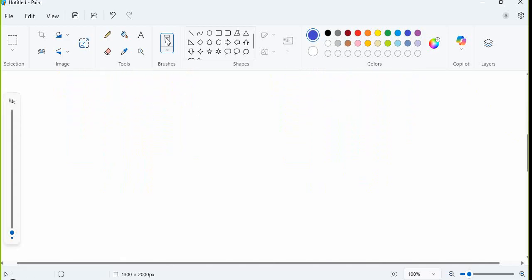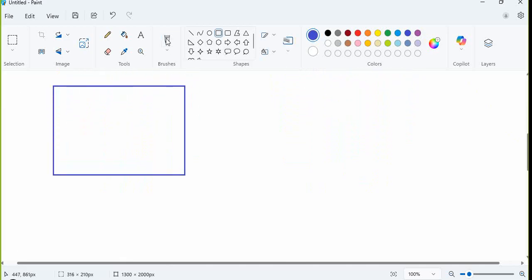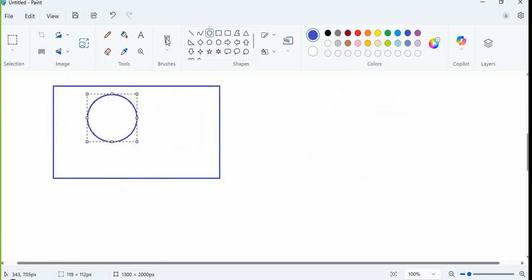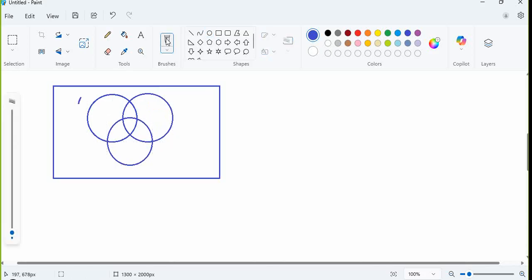And then if we have three sets here, so we have A, B, C here. This is the universal set.